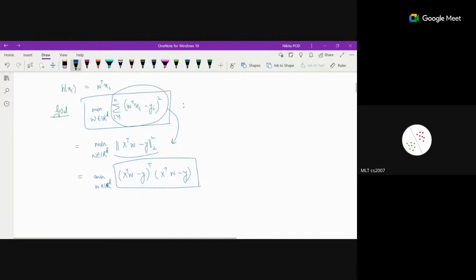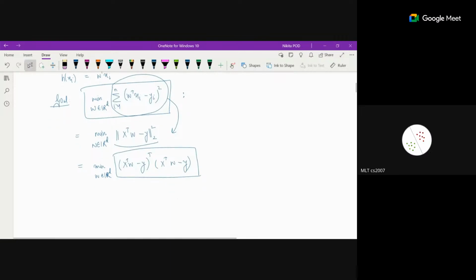So we know that to minimize any function, we take the function, find its derivative, set it to 0, and then we can find the unknown. In this case, our unknown is W. W is something that we are trying to look for. Since this is a vector, it's no longer going to be a derivative; what you find is the gradient.